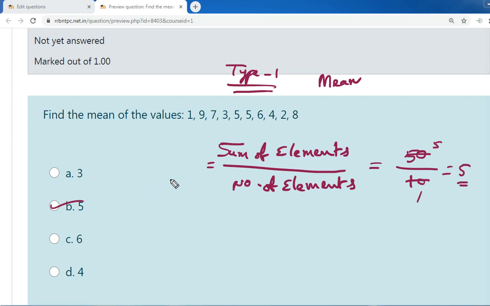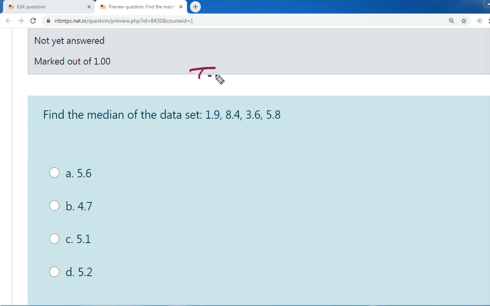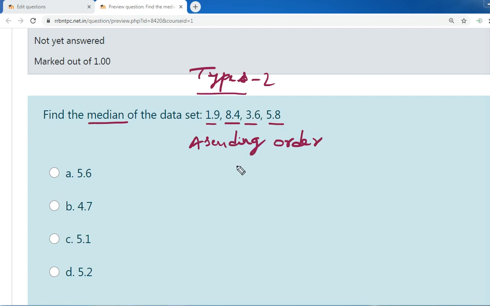Now let us discuss the type 2 questions. Type 2 questions are related to finding the median of the given values. How to find the median of the given elements is very simple. First of all, arrange the elements in ascending order. These are the given elements: 1.9, 8.4, 3.6, 5.8.